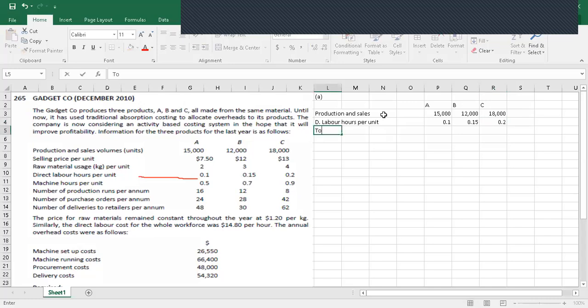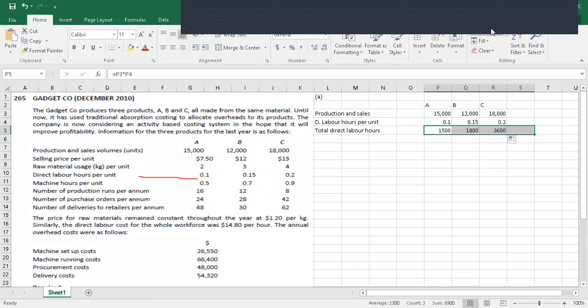The total direct labor hours. So altogether, if we add them up, there are totally 6,900 hours of direct labor used in the production of these products.